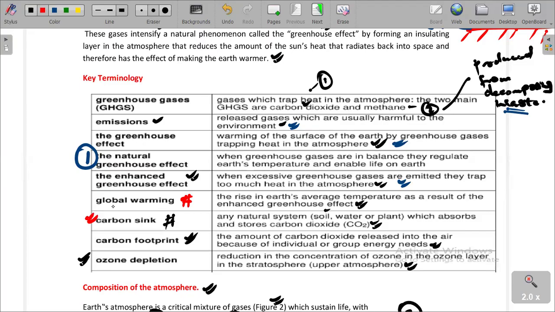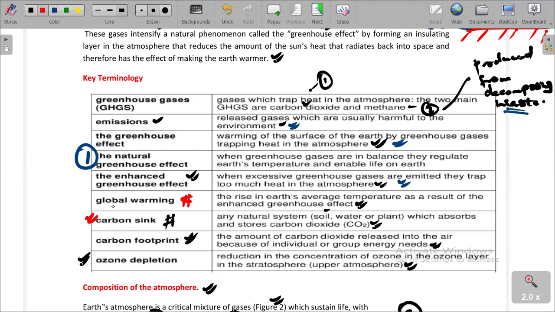By using carbon dioxide during photosynthesis to produce their own food. So that is a carbon sink, because it is a disposal zone, a disposal habitat for carbon dioxide, where carbon dioxide is consumed rather than remaining in the atmosphere.